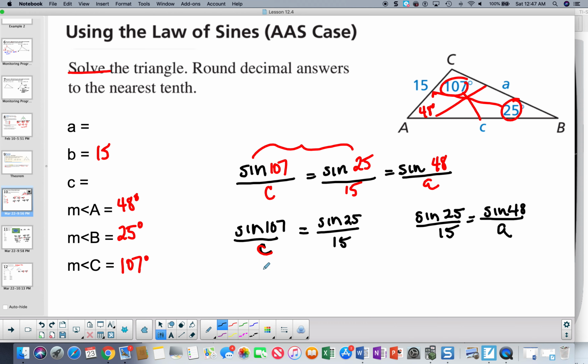Now to find C, I'm going to cross multiply: 15 sine of 107 equals C, that's what I'm looking for, times the sine of 25. Now don't go to the calculator yet. In order to get C by itself, you're going to divide by sine of 25. Okay, and then we're going to get C and put it in the calculator.